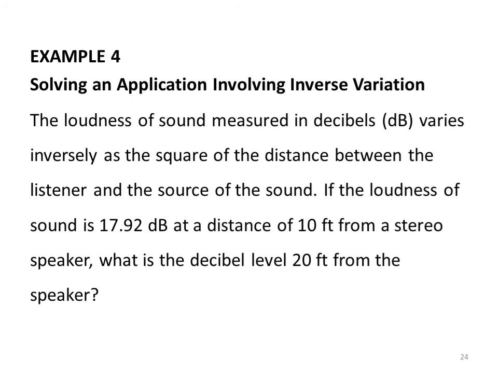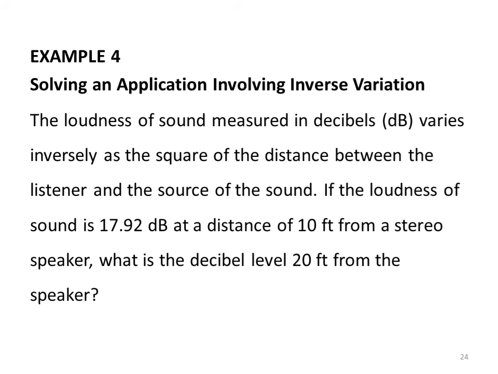Next, we would like to look at an application involving inverse variations. The loudness of sound measured in decibels, or dB, varies inversely as the square of the distance between the listener and the source of the sound. Of course, it makes sense that the farther away you are from the source of the sound, the less the loudness is.